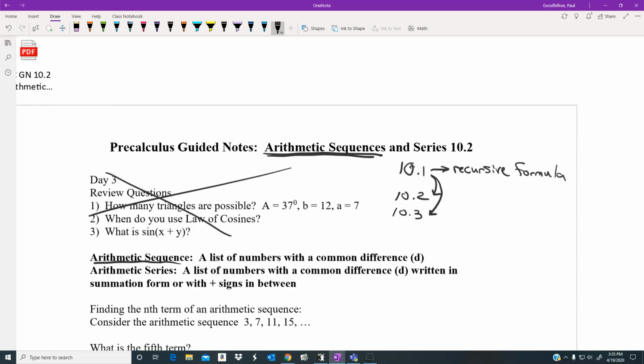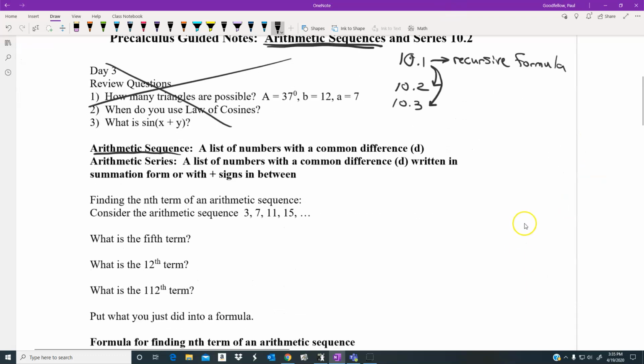Okay, now first off, an arithmetic sequence is a sequence of numbers that is listed with a common difference. Let me give you an example of what I mean by a common difference.